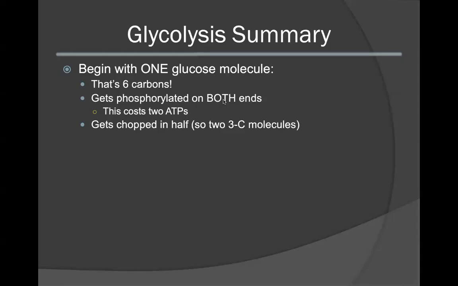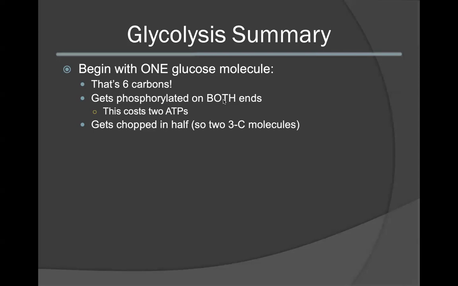We will begin with a breakdown of the glycolysis process. Glycolysis begins with one glucose molecule. Remember, a glucose molecule has 6 carbons in its structure. This glucose molecule is going to get phosphorylated on both ends. This means that 2 inorganic phosphate molecules are going to be added to glucose. This will use 2 ATP molecules.